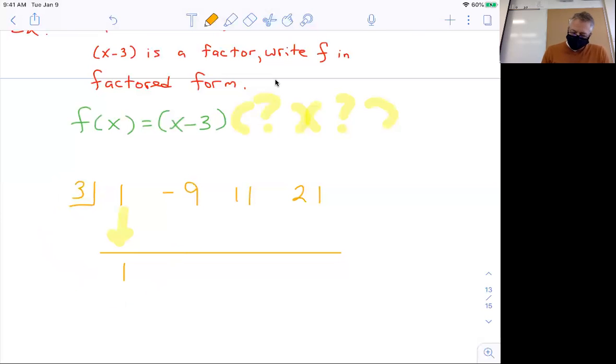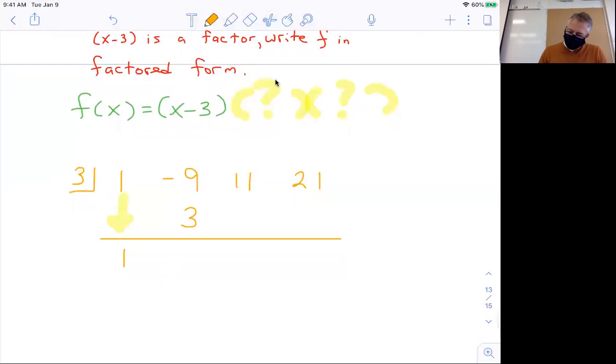So 3 times 1 is 3. That goes underneath the -9. So we multiply and then add down. So I'm going to add down: -9 plus 3 is -6.